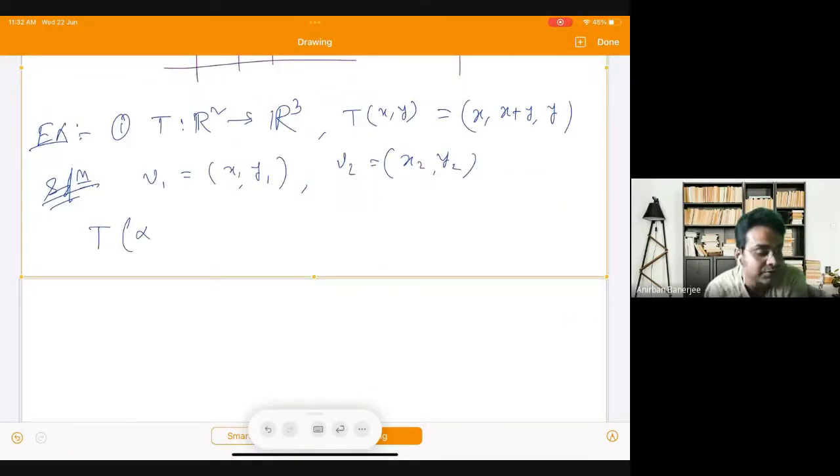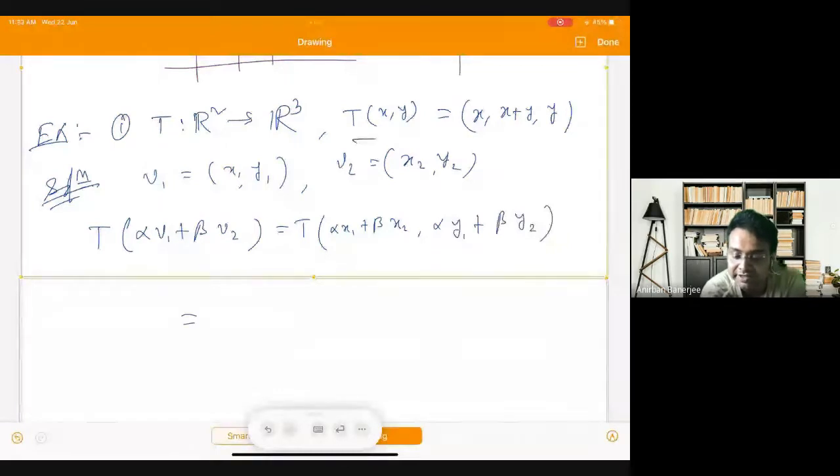Take some arbitrary two real numbers alpha, beta, then alpha v1 plus beta v2. So this means T of alpha x1 plus beta x2 comma alpha y1 plus beta y2, right? And now we apply the definition of this transformation.